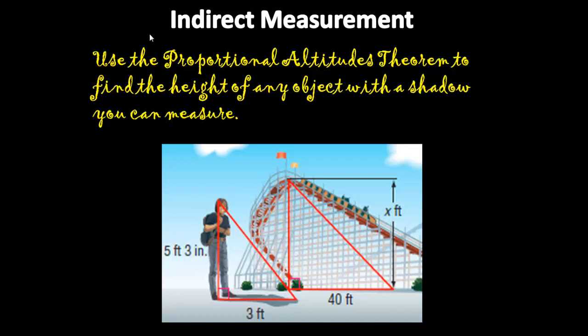Usually it involves right triangles, and the vertical leg is what we use as our proportional altitudes. So here's a vertical leg and here's a vertical leg, and they're both right triangles, and it looks like we're going to be finding out how tall this roller coaster is, so let's get to it.